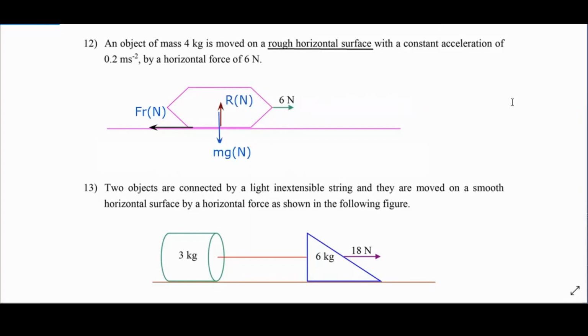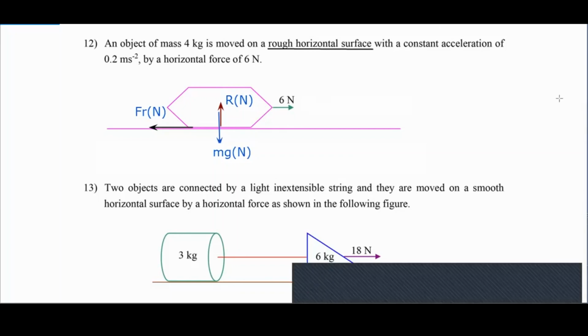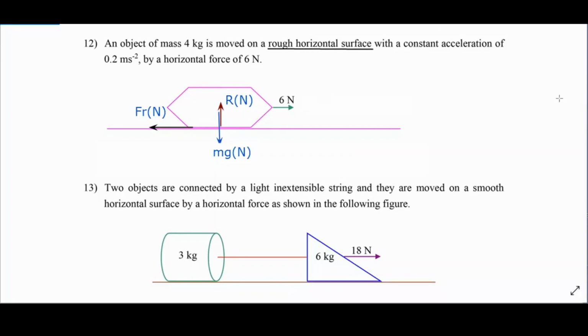Quick. Draw the figure and mark the forces acting on the object. And they have given us the acceleration also.